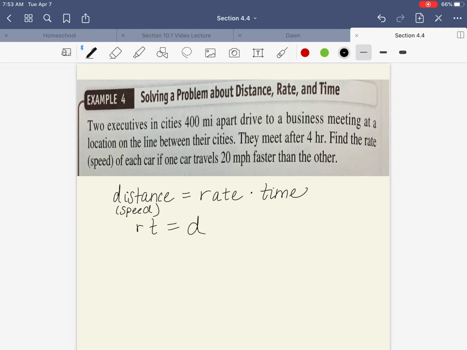Other thing that you need to know is that if the vehicles are traveling in the same direction, you subtract, and if they're traveling in opposite directions, you add.